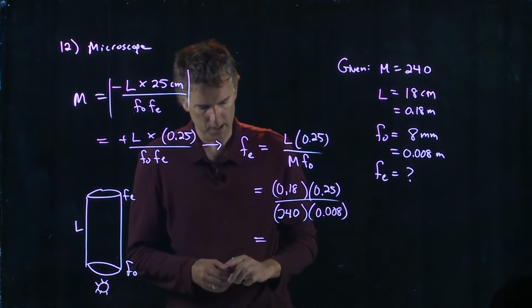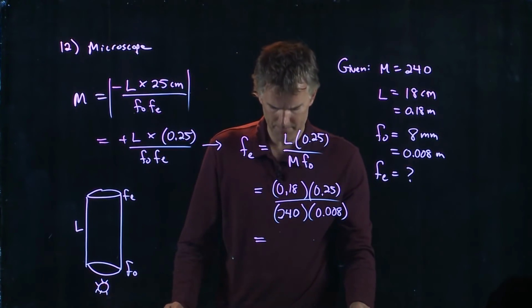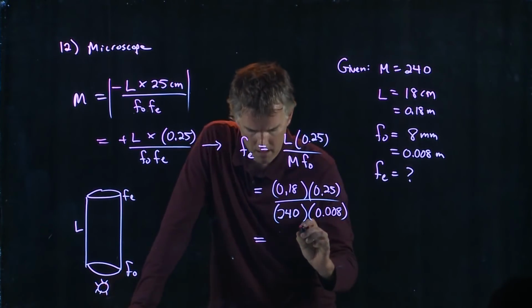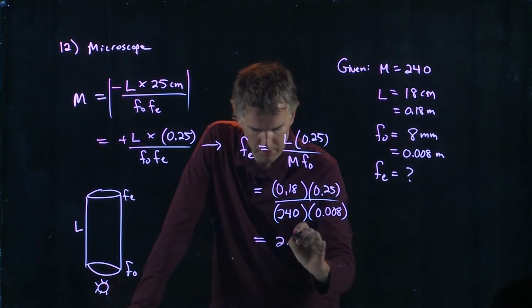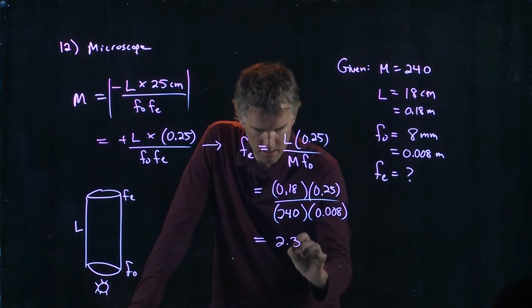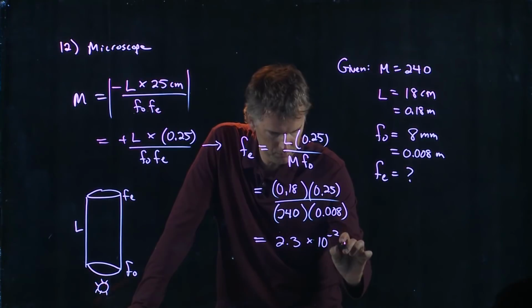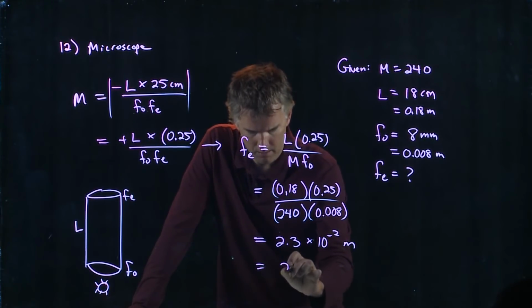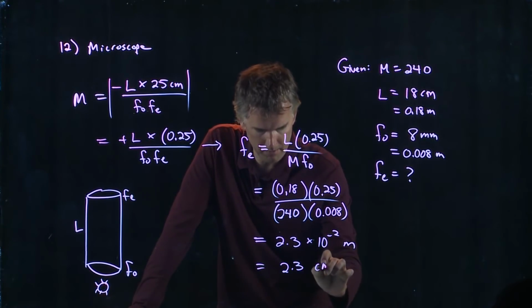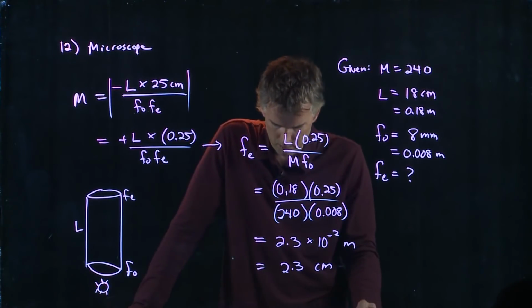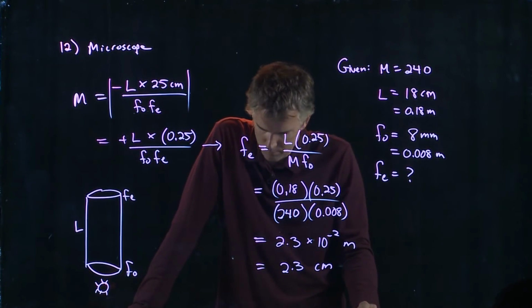And now if you punch all that into your calculator, tell me what you get. What'd you get? 2.3? Yeah, 2.3 times 10 to the minus 2 meters, which is 2.3 centimeters. Okay, and that is in fact one of the answers.